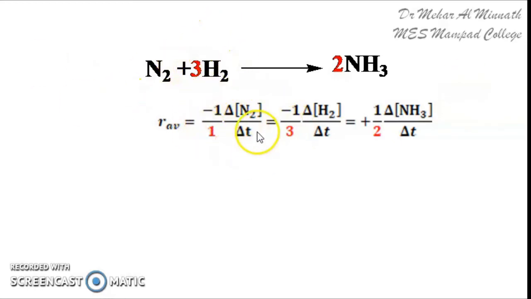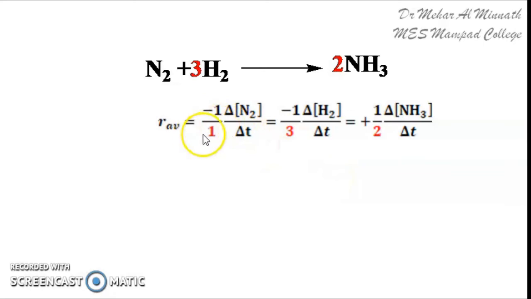Here we are dividing by 3 because 3 moles of hydrogen are used up. Here we are dividing by 2 because 2 moles of ammonia are formed. 1, 3 and 2 are the stoichiometric coefficients.